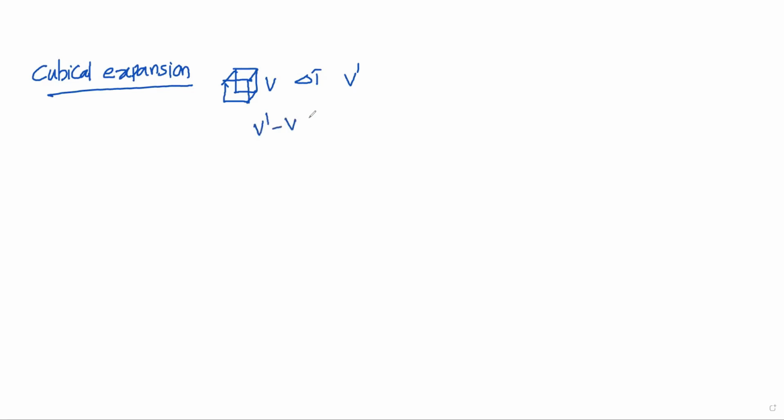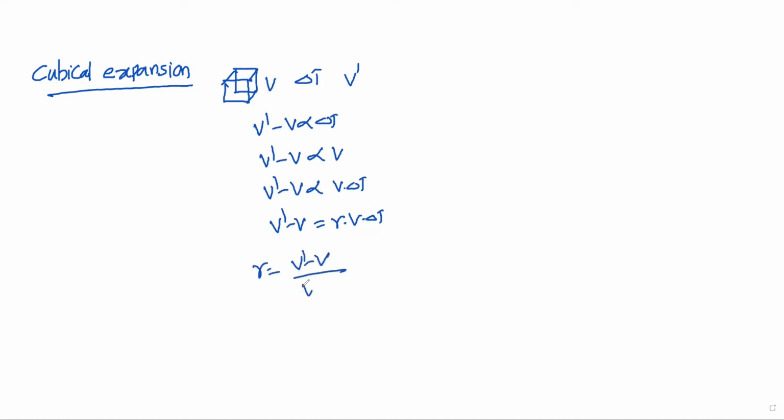So V dash minus V is directly proportional to delta T, and directly proportional to the volume V. So V dash minus V is equal to gamma into V into delta T. Now gamma is equal to V dash minus V by V into delta T, which is delta V by V into delta T, which means increase in volume by original volume into rise in temperature. That is cubical expansion.